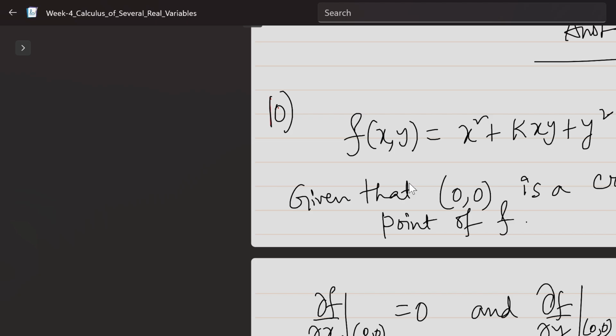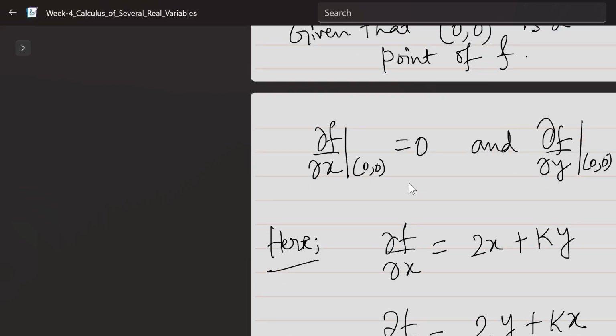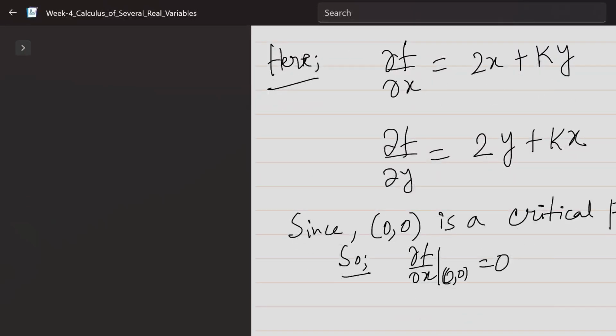So now since 0, comma 0 is a critical point, del f del x at 0, 0 is 0. That means 2x plus ky is equal to 0.